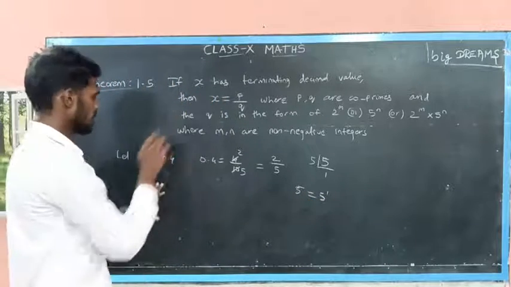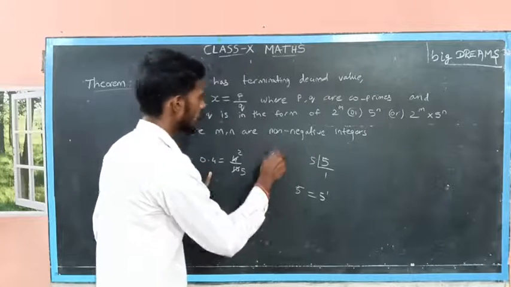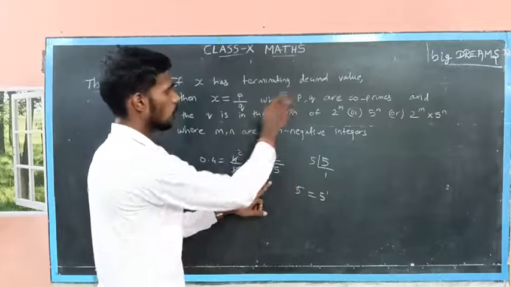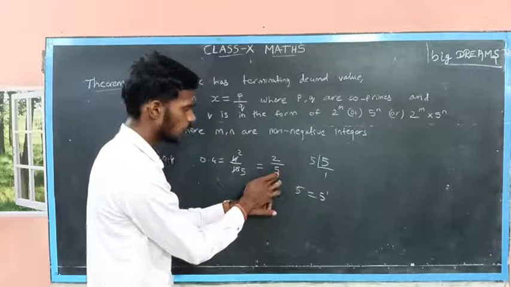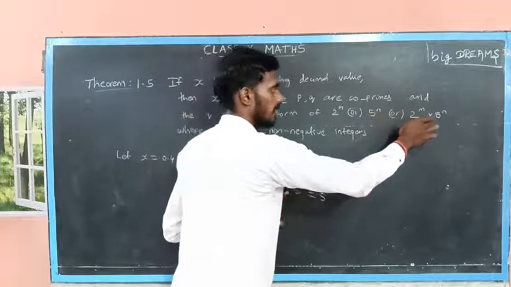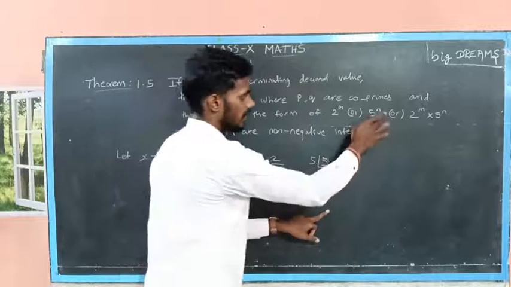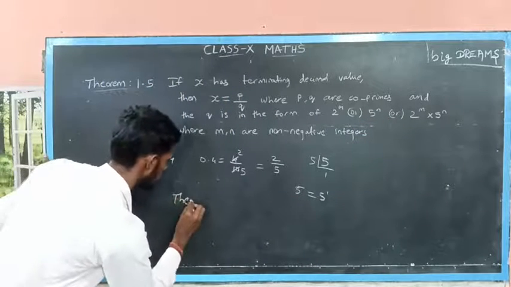If x is a terminating decimal value, then it can be written in the form p by q, where both p and q are co-primes and the prime factorization of q is in the form either 2 power m or 5 power n or 2 power m into 5 power n. Here in this example I have 5 power n.